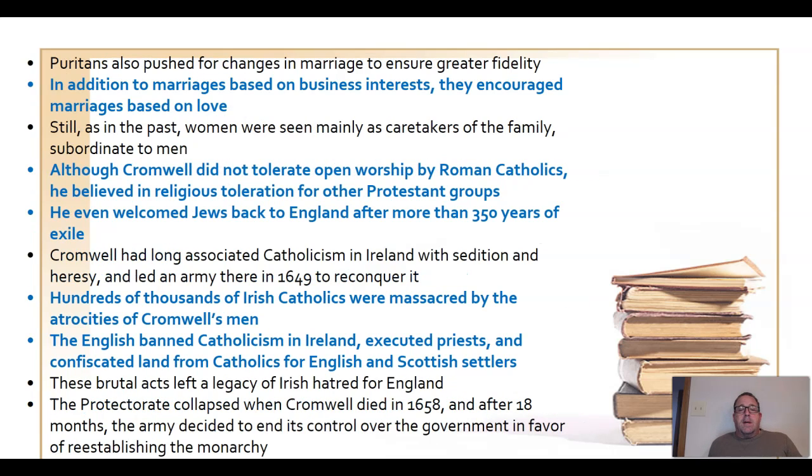Let's see, what else? Cromwell does offer religious tolerance to all Protestants, and in fact to Jews, but just not Roman Catholics.